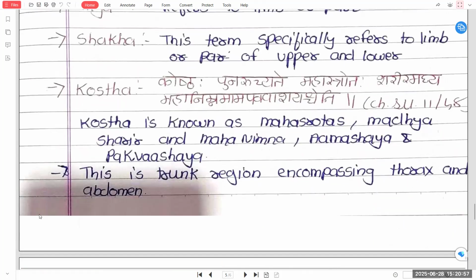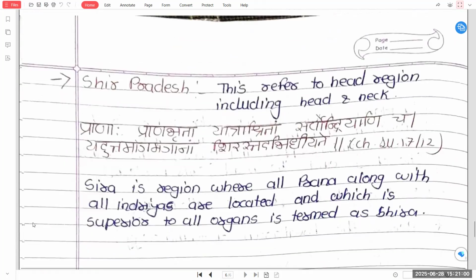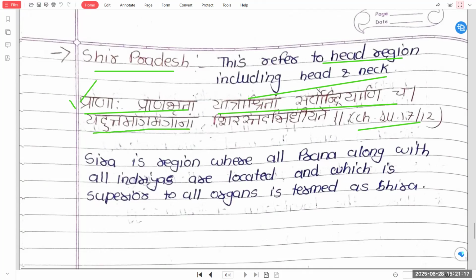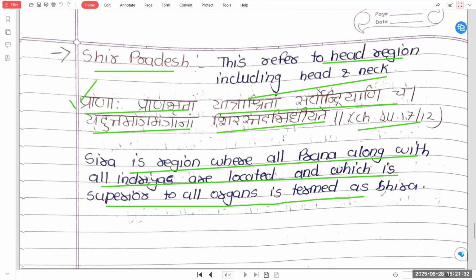So that is Koshtha. And the last, sixth region is what? It is the Shira Pradesh, that is the head region, including the head and the neck. Charak Acharya has given the definition of head as follows: Pranah pranabhritam yatra shritah sarvendriyani cha, yad uttamangam angaanam shirastad abhidhiyate. Shira is the region where all the pran along with all the indriyas are located, and which is superior to all the organs.